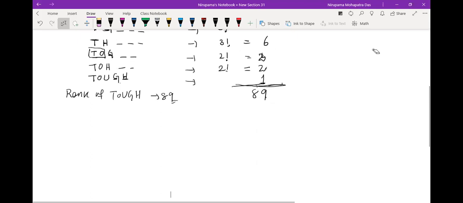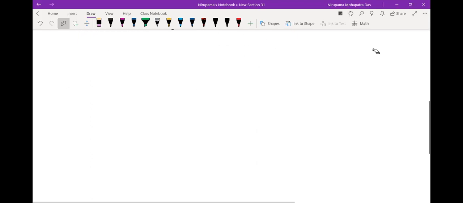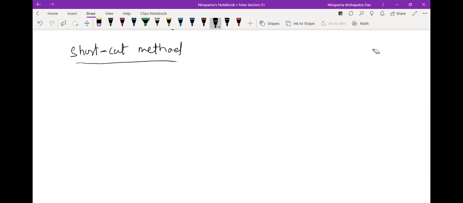Now I'm going to tell you a very shortcut method, and very quickly, within seconds, you can do it. So here you see the shortcut method of doing this. Okay, so now in shortcut method, like here you see TOUGH. Let's write it as per alphabetical order.